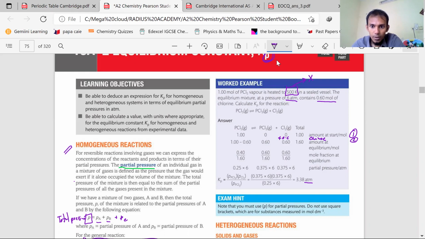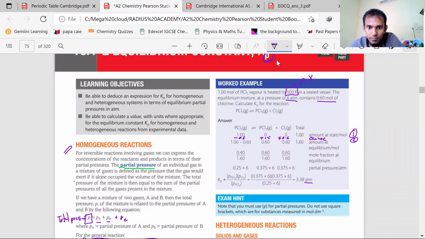Change will always maintain the stoichiometric ratio. So if this one is positive 0.6, in 1:1 mole ratio, this one is positive 0.6, and this one is negative 0.6 since it is a reactant. The mole will decrease. So 1 minus 0.6 is equal to 0.4.